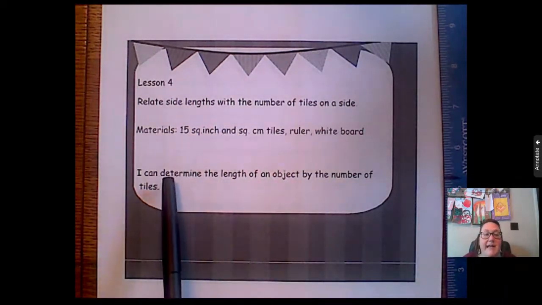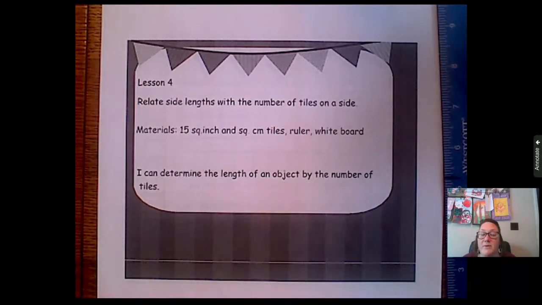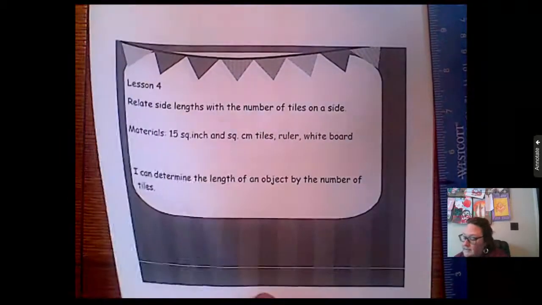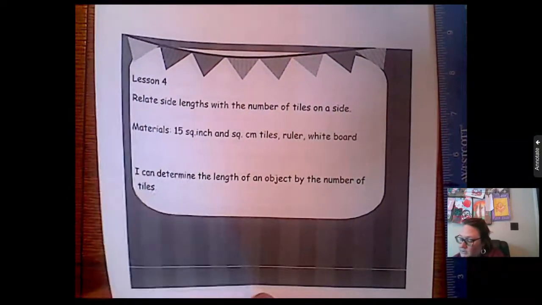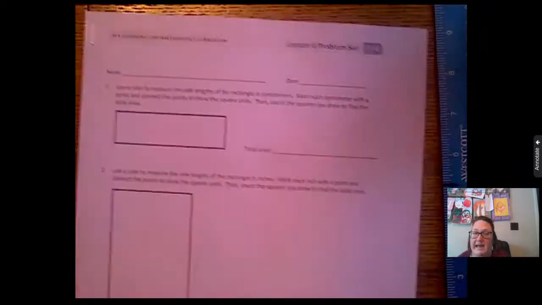Also, for I can statement, I can determine the length of an object by any number or by the number of tiles. And also for today, for materials, you are going to need your pencil as always. You are going to need your problem set lesson 4, which looks like that.